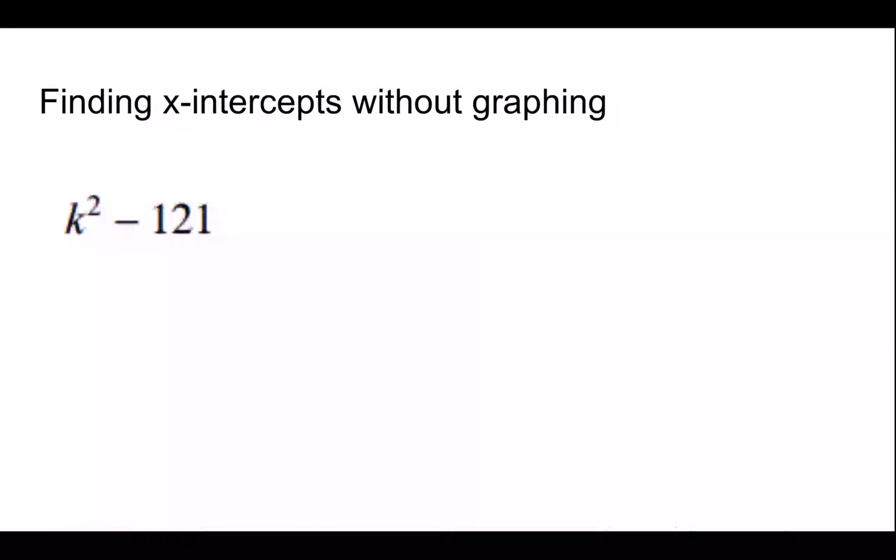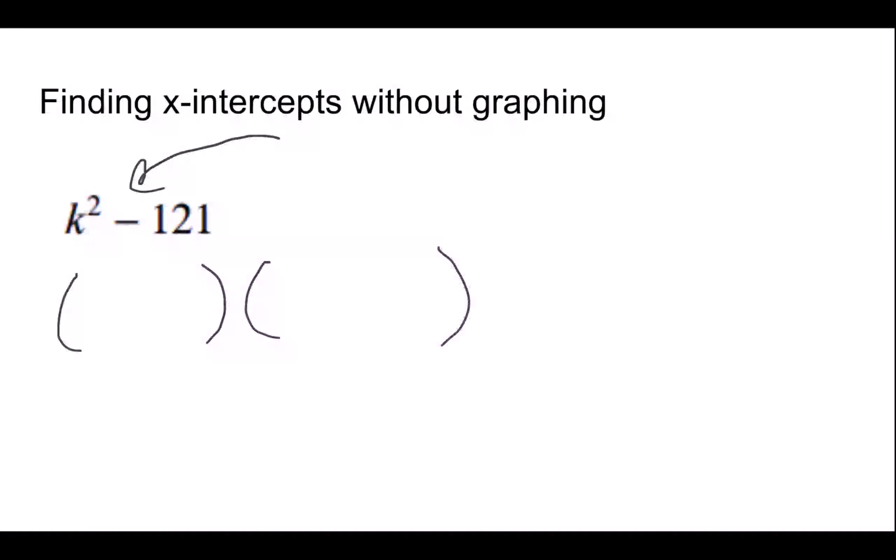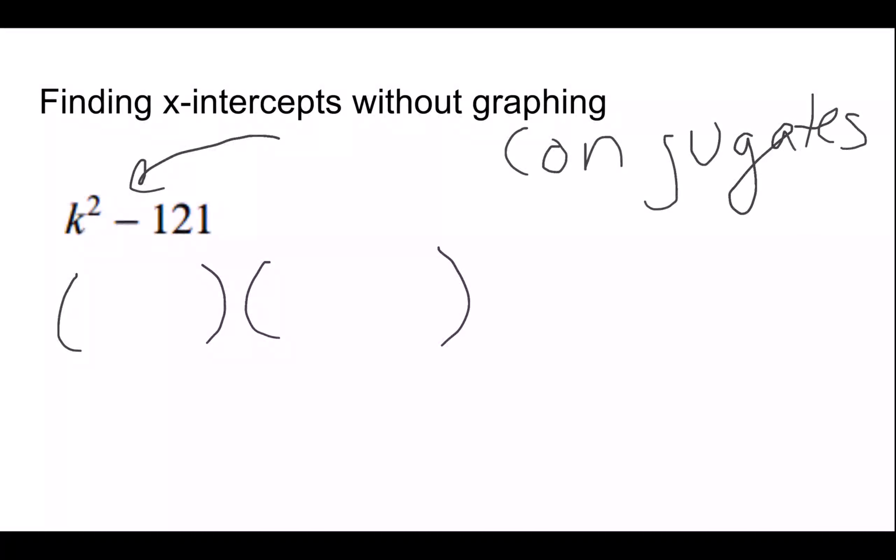Another different kind of factors is stuff that doesn't have a b term. And if you remember thinking about what would multiply together to give you this, it should be conjugates. So we should instantly be thinking, oh, these have to be conjugates. Well, what multiplies together to give you k squared? k times k. What multiplies together to give you -121? Well, -11 and +11.